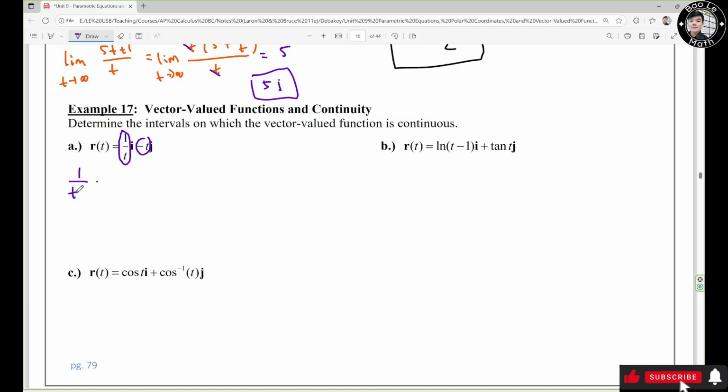This one is continuous if t is not equal to 0, right? So you need to say that this one is continuous except 0, right? And negative t is always continuous, right? Because this one is a linear function, right?